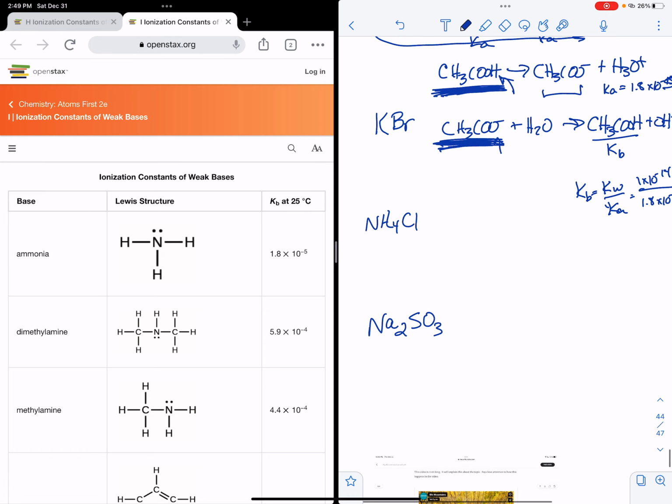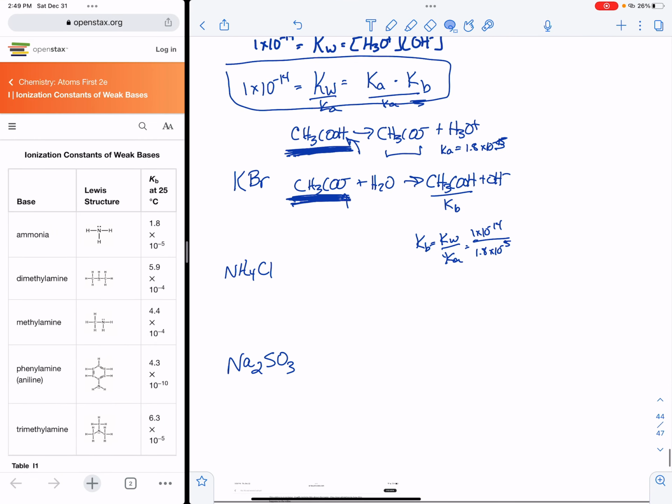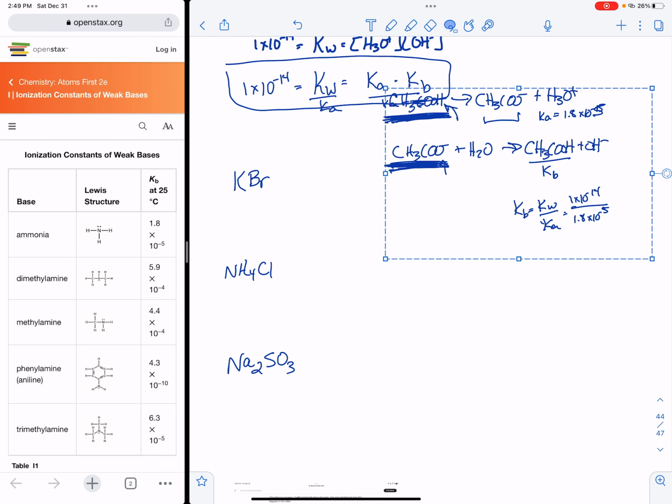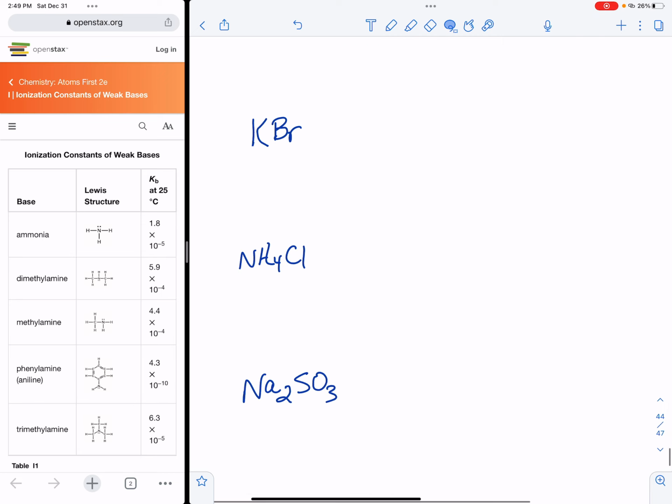The other thing you need to know about salts at this point is you need to make sure that before you even get into solving anything using an ice chart with salts, you've paid attention to whether or not it's even going to form something that will react with water. So again, the K, when you react that with the water, it will temporarily make KOH, but we know that that's a strong base, and it's going to break right back apart into the K plus and the OH minus, right?